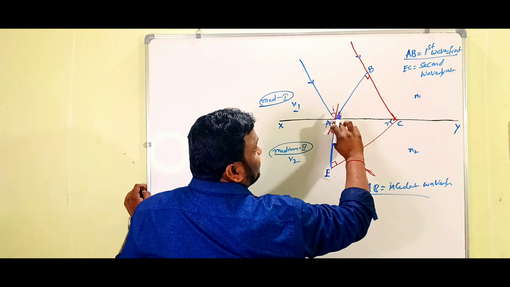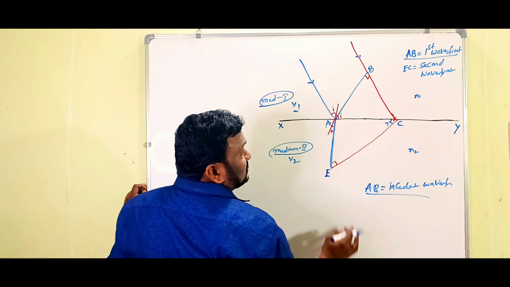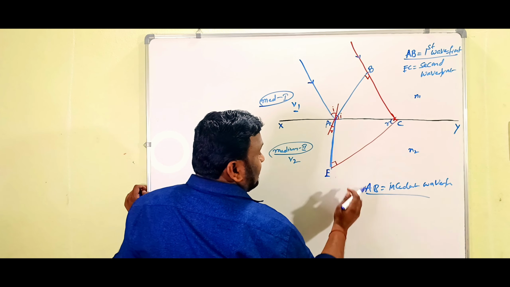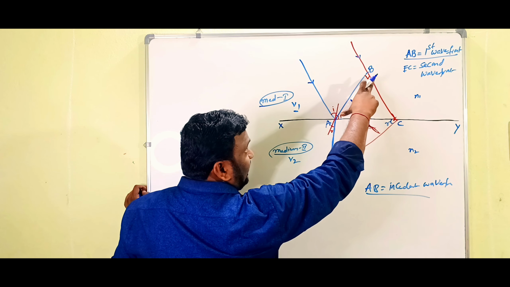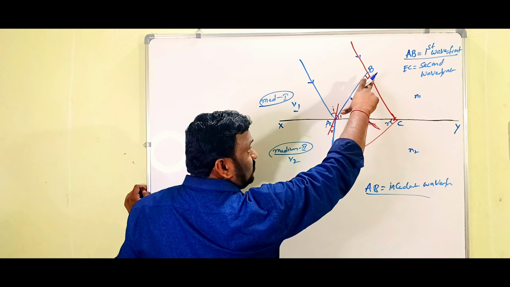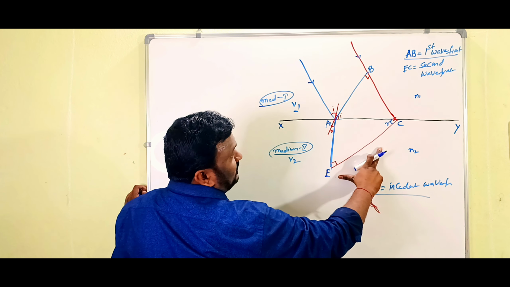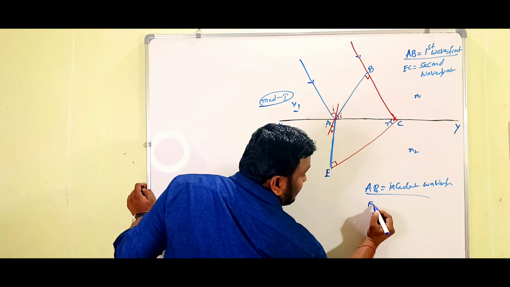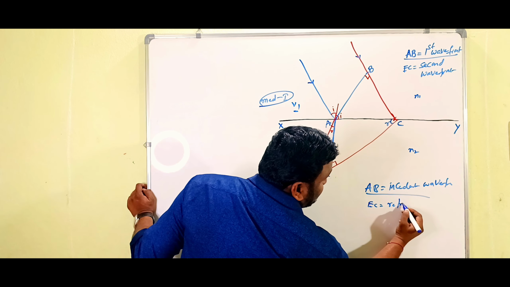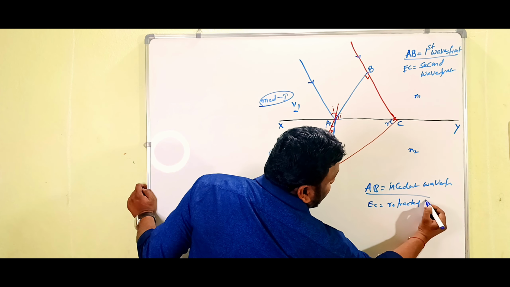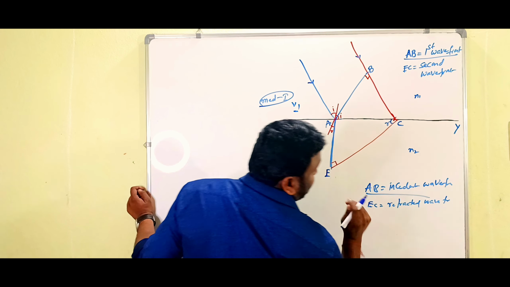So here these 2 points act as the secondary sources. After that, the light which is incident as the AB wavefront should be coming like this as the EC wavefront. Here EC is the refracted wave front.